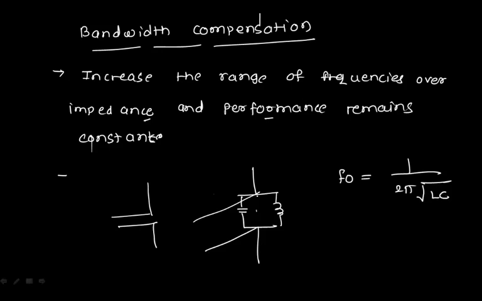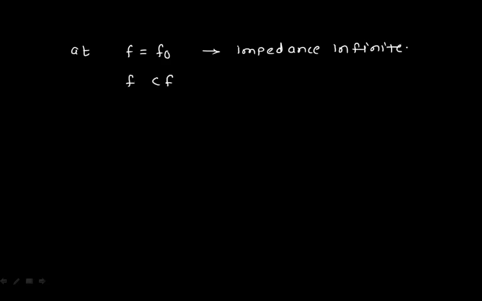At resonance, if your frequency is exactly equal to the resonance frequency, this circuit is in parallel with your transmission line and your antenna. At resonance its impedance is very high, ideally infinite. So at f equal to f0, infinite impedance will be offered by this structure. If your frequency is less than f0, it works as an inductive circuit.